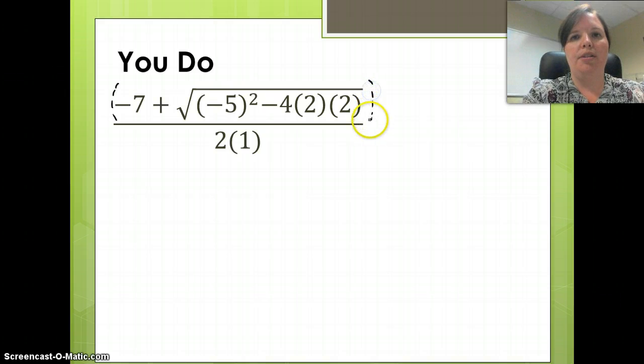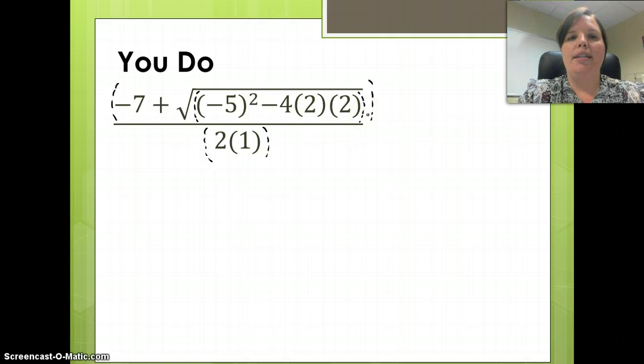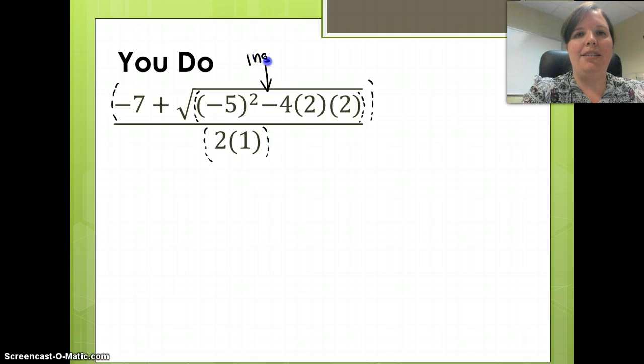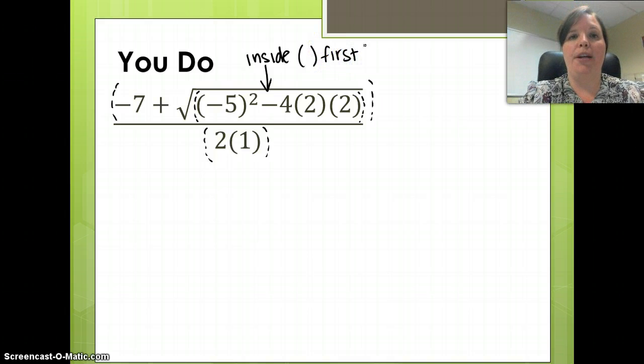Well, the numerator is grouped, the denominator is grouped, and then everything inside the square root is also grouped. When I'm working through parentheses, you want to work on the most inner parentheses first, whether they're actually visible or not.